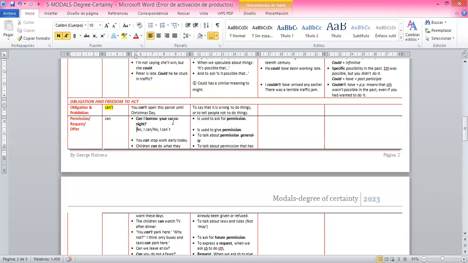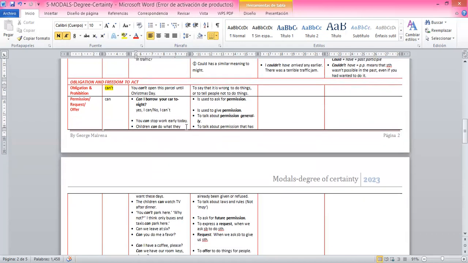Now let's see another example, to give permission. Can you read it? The second one? You can stop work early today. In that case, you are not asking for permission, you're giving permission.